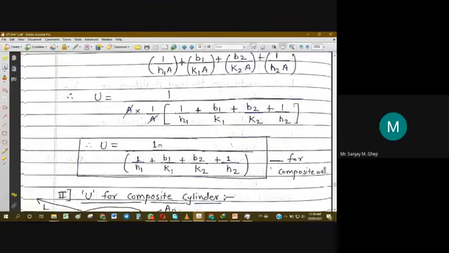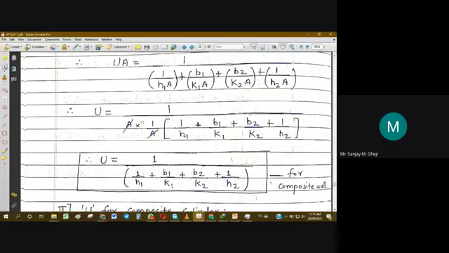So U is equal to 1, only in the numerator, divided by the entire bracket in the denominator: 1 upon h1 plus B1 upon K1 plus B2 upon K2 plus 1 upon h2. So this is very simple for a composite wall. This is because area is common or area is constant. That is why we get a simple relation for U. This you can even remember: U equal to 1 upon this.